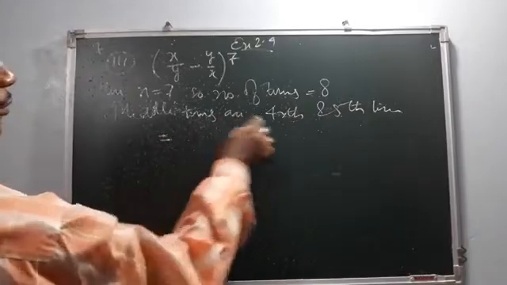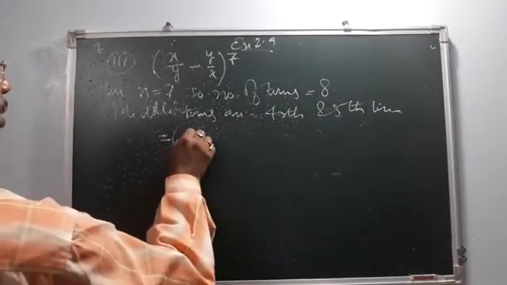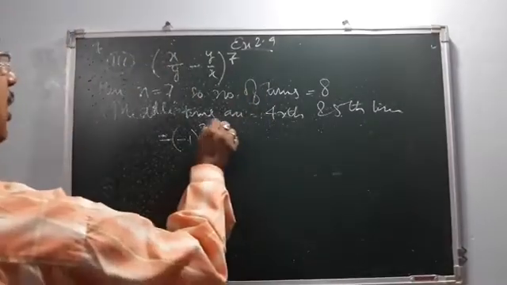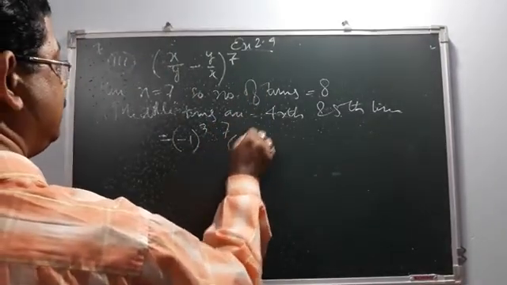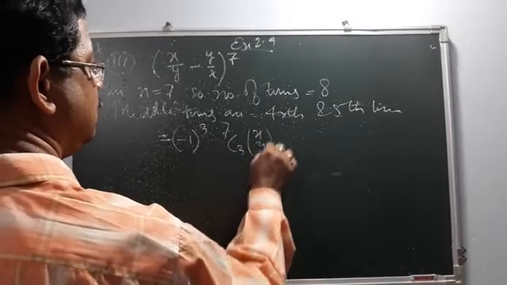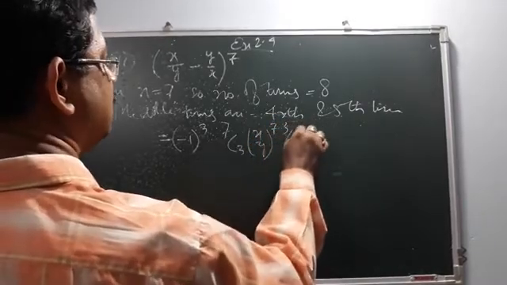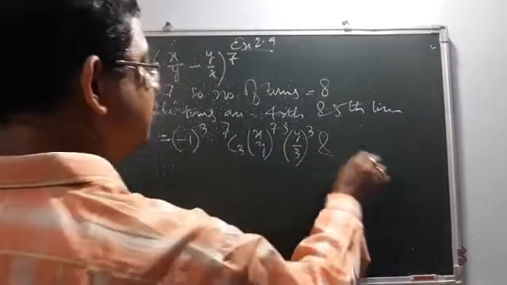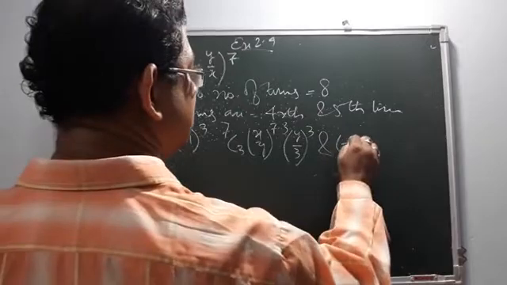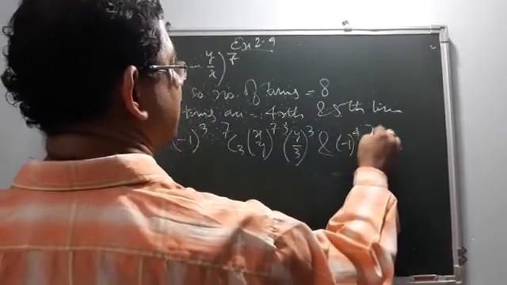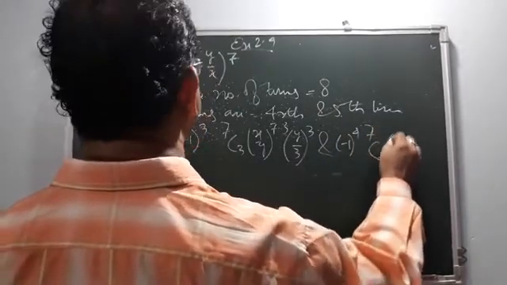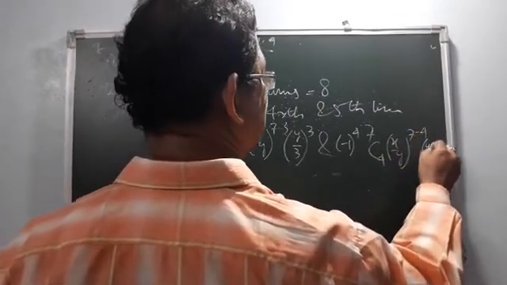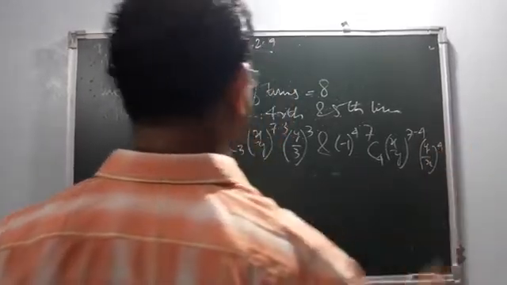So the fourth term means minus 1 to the power 3, 7C3 (x by y) to the power 7 minus 3 (y by x) to the power 3. And the fifth term means minus 1 to the power 4, 7C4 (x by y) to the power 7 minus 4 (y by x) to the power 4.